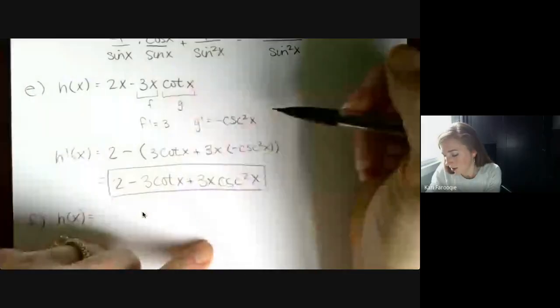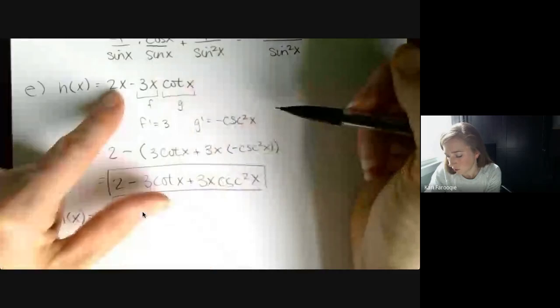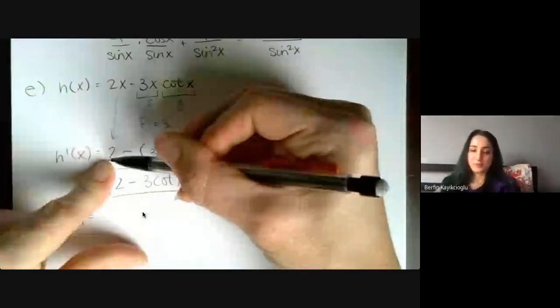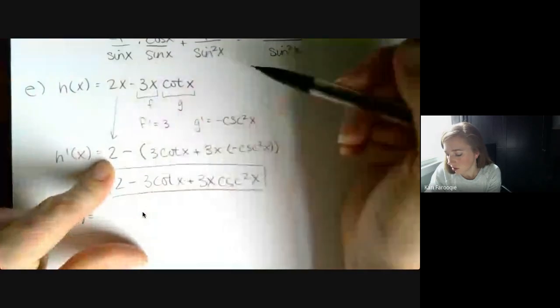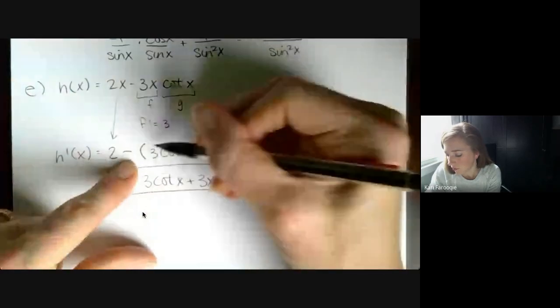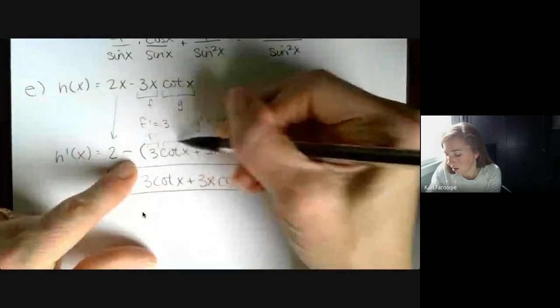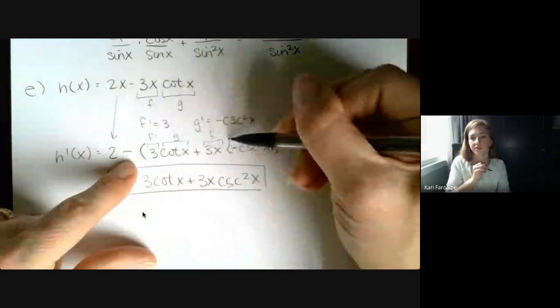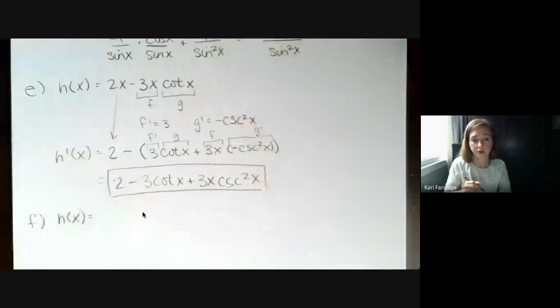That's right. This is the derivative of 2x. Oh, okay. The rest of it, yeah, I should have labeled it. So f prime, g, f, g prime. Clear? Yep. Cool. Thanks for asking. Other questions here?